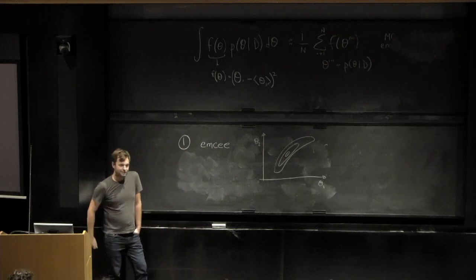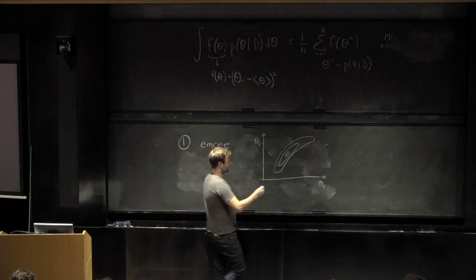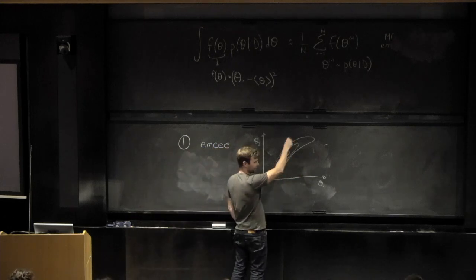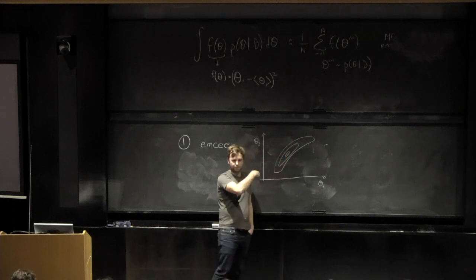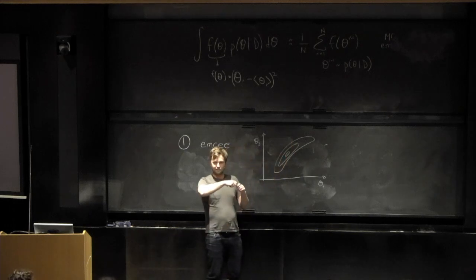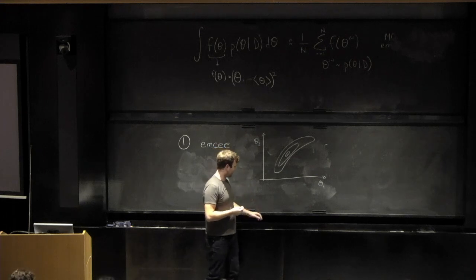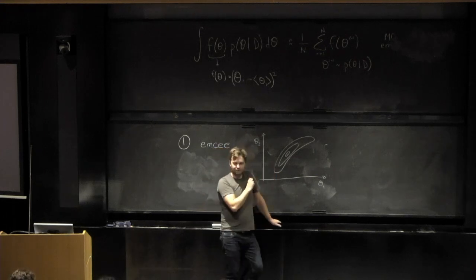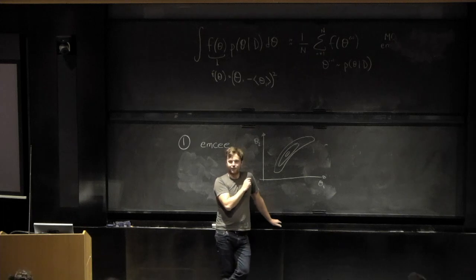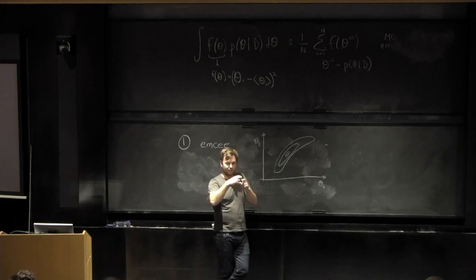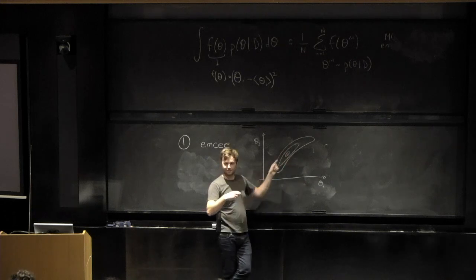With Metropolis Hastings, you'd start with your point somewhere in parameter space, and it would walk around, and you'd have some proposal, maybe a Gaussian, that would tell you where to move based on where you started. And that can be a problem with a posterior that looks like this, because you would need to tune the proposal in your Gaussian to be aligned with this axis right here.